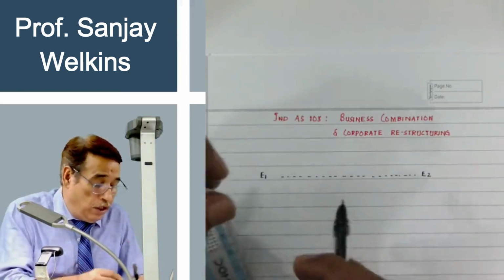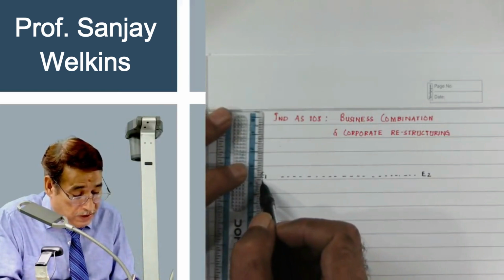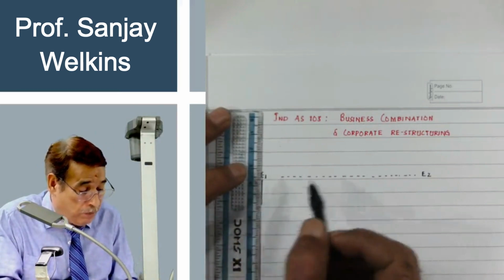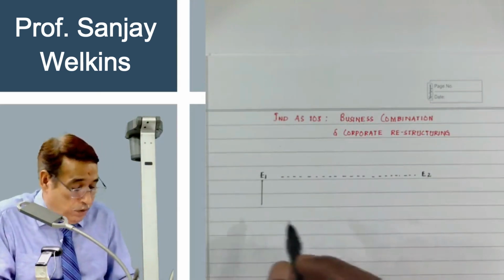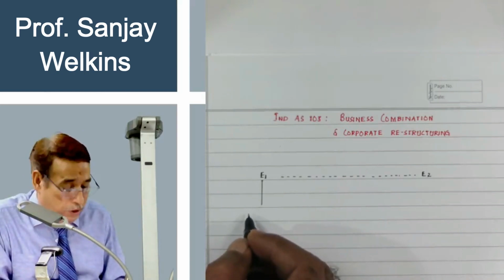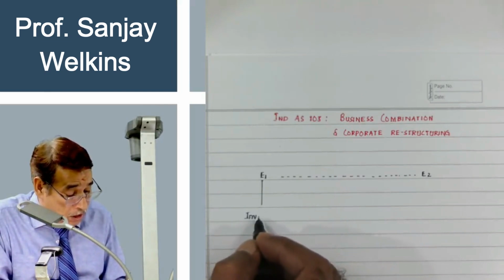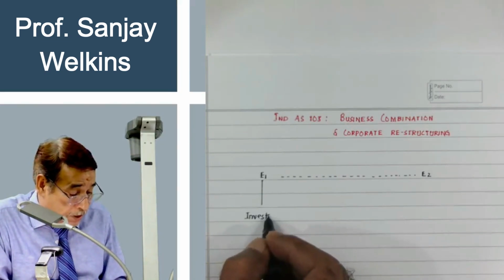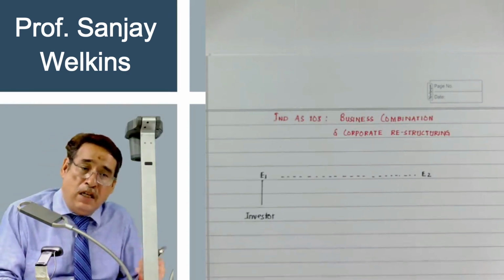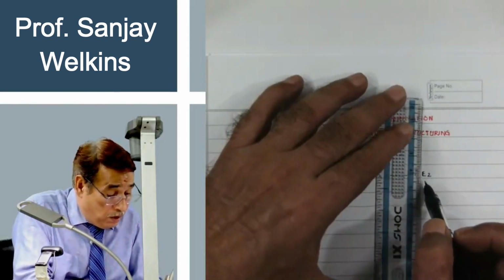First of all, you need to understand that the entity which invests, in this case E1, is investing some amount in the shares of E2 Limited. So from business terminology point of view, we may call E1 an investor. E1 is the investor, correct? E1 is the entity which is investing in the shares of E2 Limited.